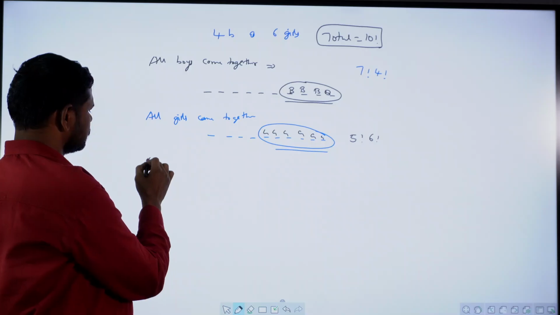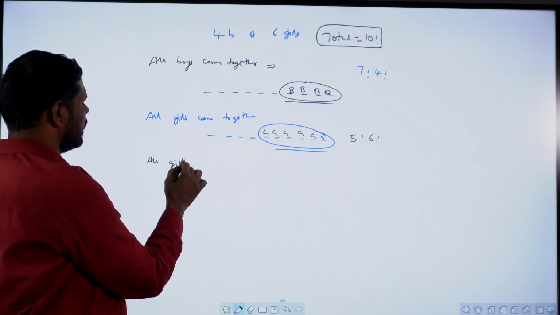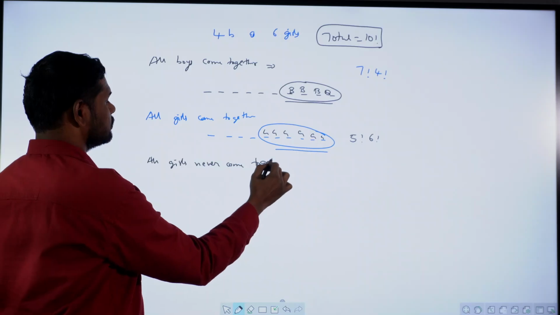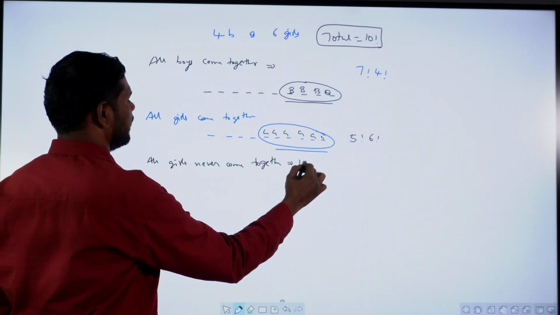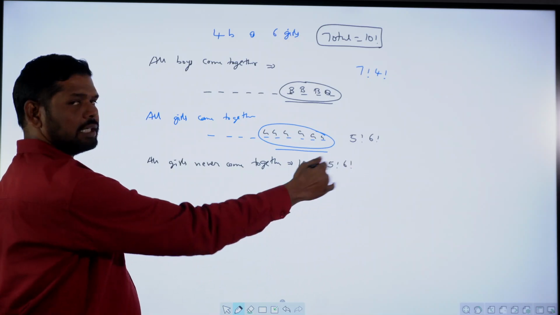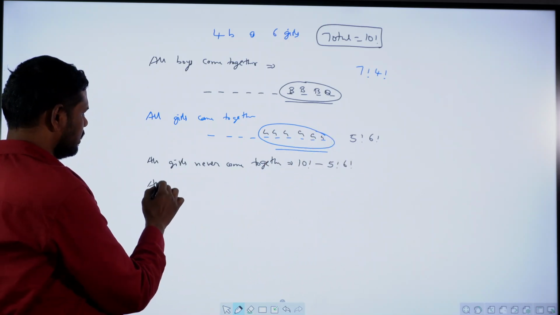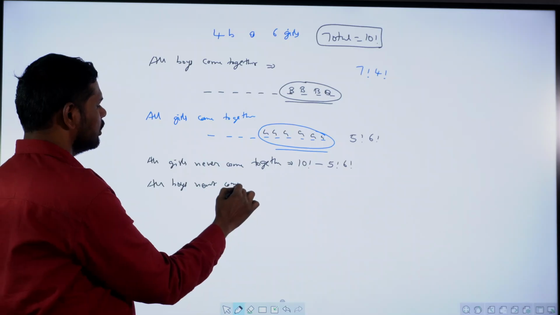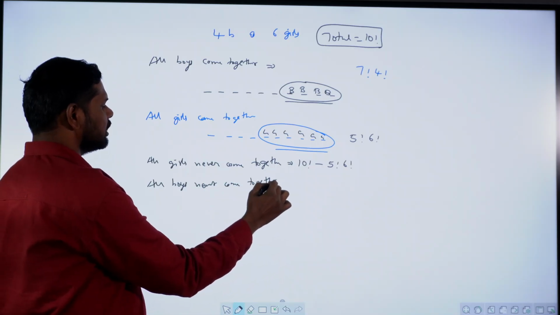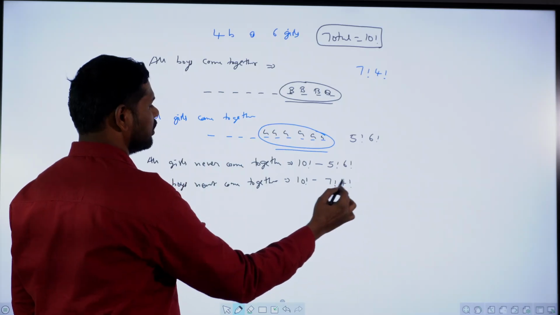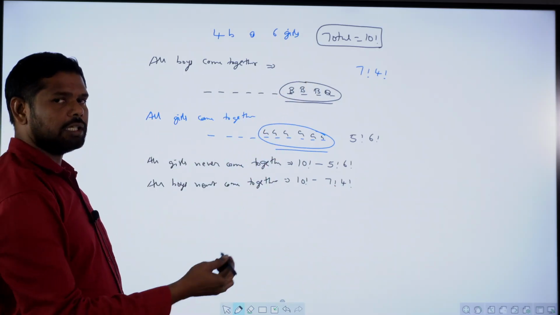Next, all girls never come together means total 10 factorial minus all come together, 5 factorial into 6 factorial. That's it. Answer. Then all boys never come together: total 10 factorial minus 7 factorial into 4 factorial, all boys come together. That's it.